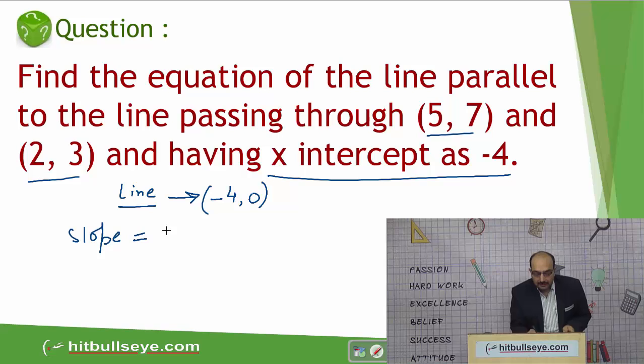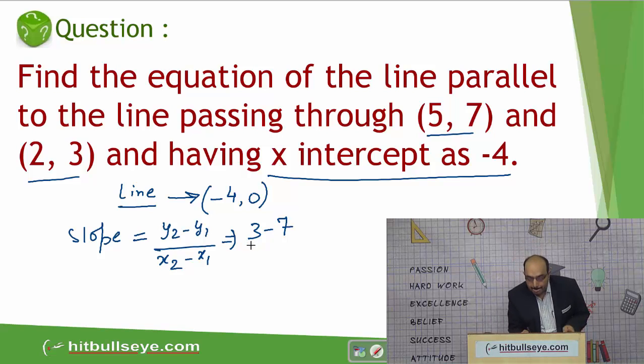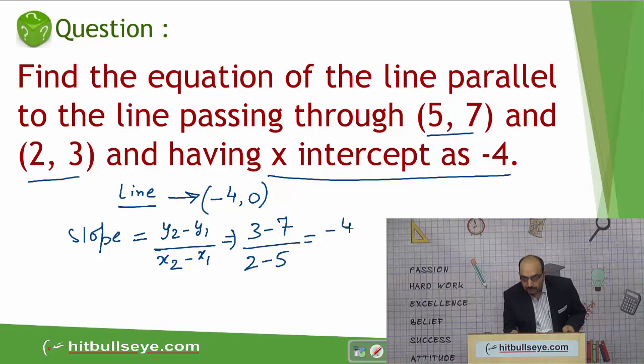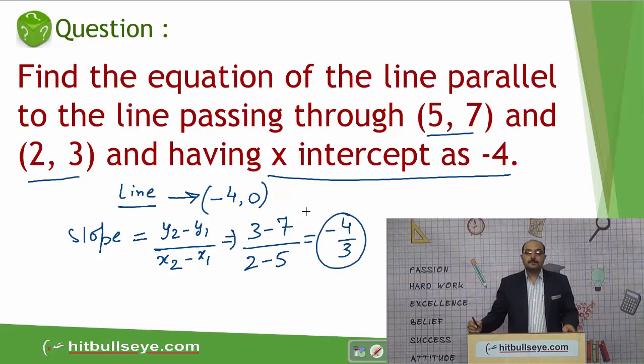So slope of this line, using the formula y2 minus y1 upon x2 minus x1, we'll get 3 minus 7 upon 2 minus 5, which is equal to minus 4 by 3. This is the slope of the line, and this line passes through the point (-4, 0).